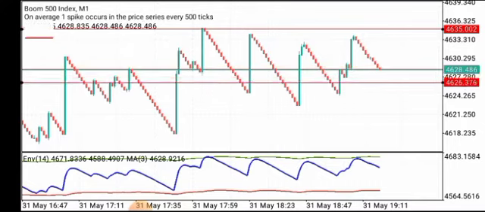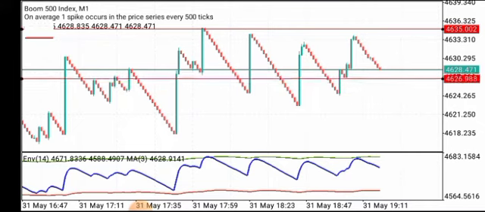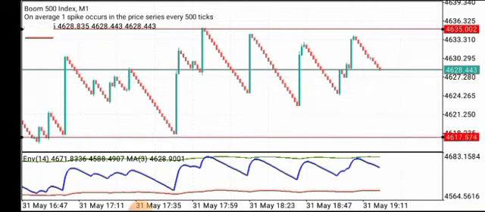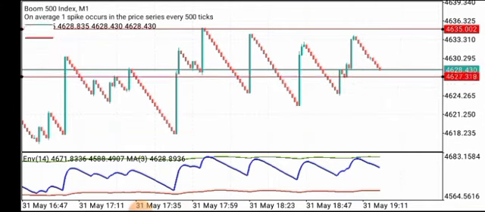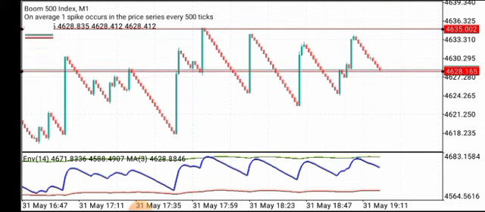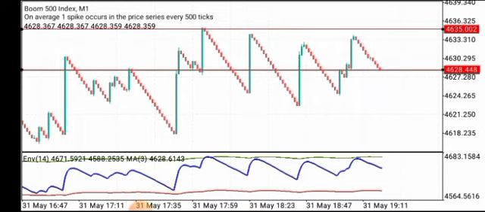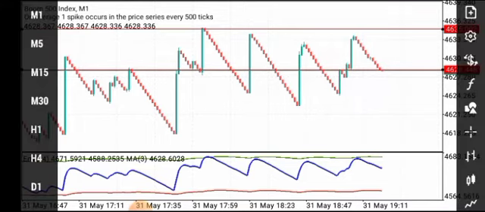If a spike doesn't happen here, like I said earlier, the next time you're going to have a spike is around here and around here. So if it's not happening here, then we are going to enter our trade, which will come out successful. Okay, now we are entering our trade.